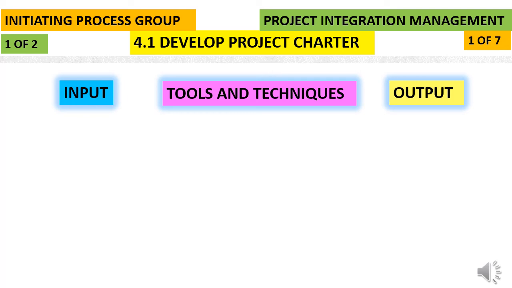While we do all these things, we should also have some deliverable as an output from the process. The PMI says the process of developing a project charter is complete only if we are able to deliver some outputs, or there is some outcome. So let us see what are the outcomes expected from process 4.1, developing project charter.